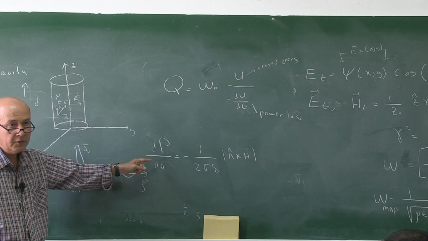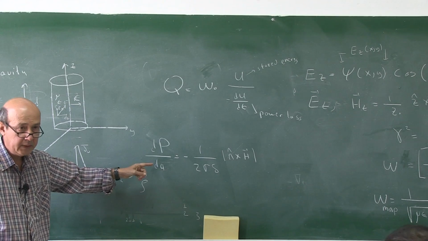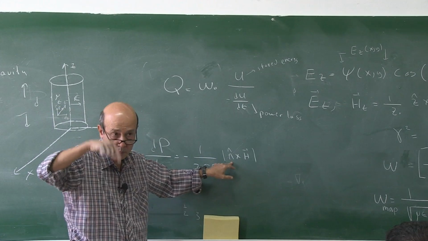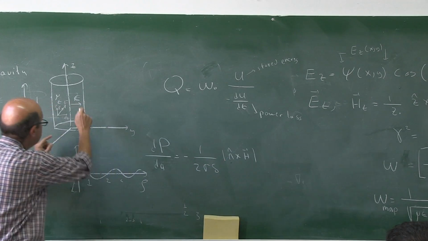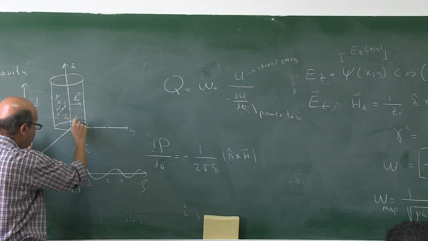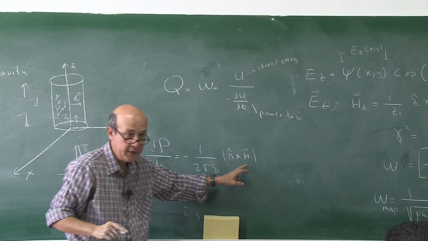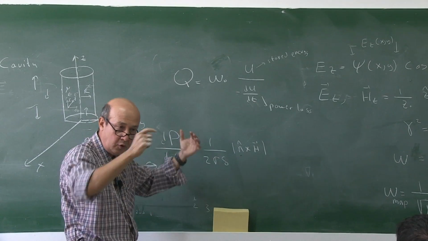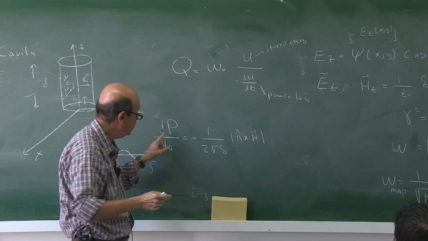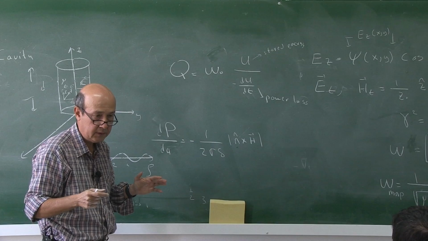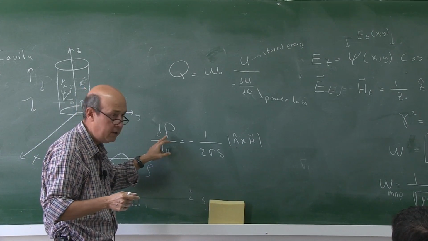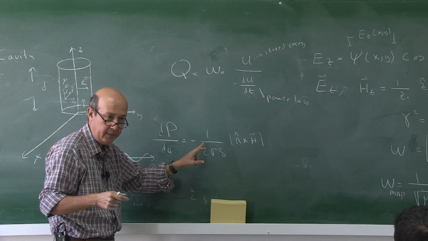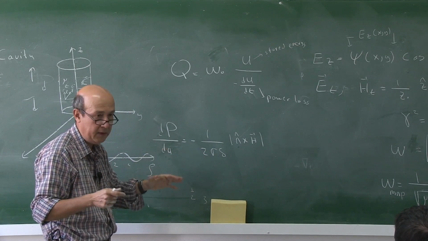So the power loss through the surface could be calculated with this formula. Here n is the vector perpendicular to the surface of the cavity. You have the H fields, n cross H, and if you integrate this through the whole surface, you will get the total power. This is power loss per area; if you integrate it over the area, you will get the total power loss.